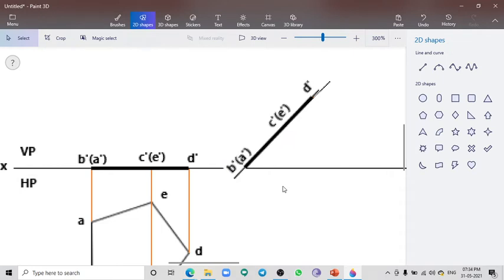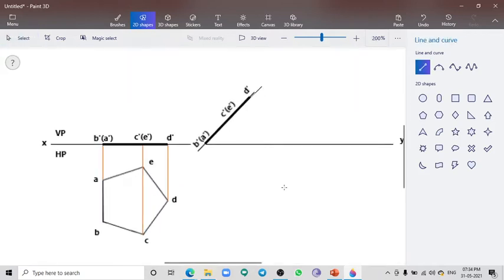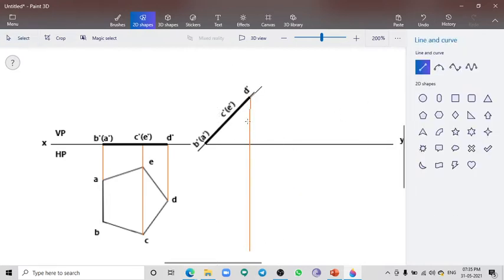Okay, the inclination is done. Then I will project all the points. Point D, point C is lying here, so point C and E, and point AB.